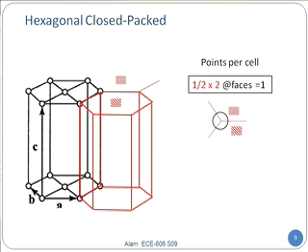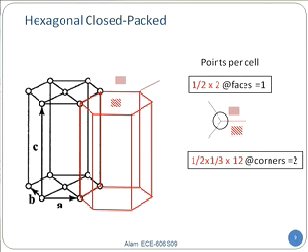But not really, because there is also one on the top and on the bottom. So that is 1/3 among the neighbors on the same plane, but between top and bottom, there's also another factor of half. So half between top and bottom, 1/3 among the neighbors, and there are 12 corners.